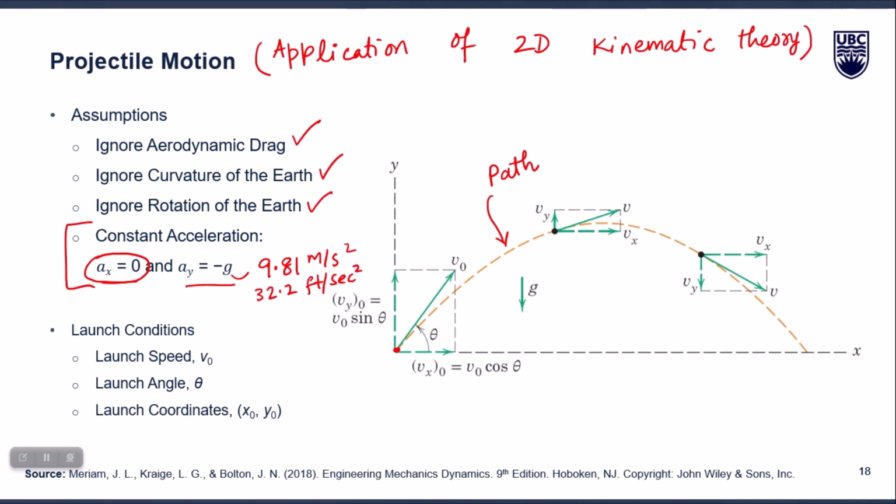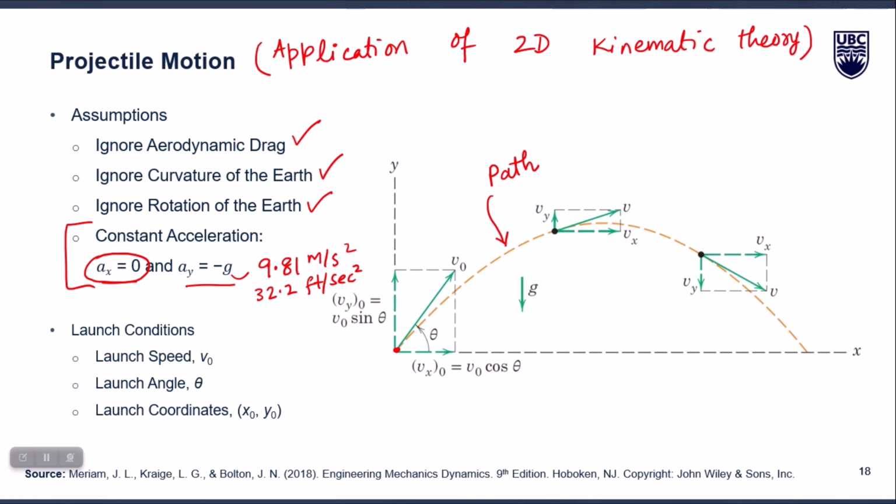Then g will remain constant throughout the flight, but there is no x force, so there is no x direction acceleration, right? So if I want to know the acceleration of that particle at any time instant along the orange path, the x component of that acceleration should be 0, but the y component of that acceleration should be minus g, right?